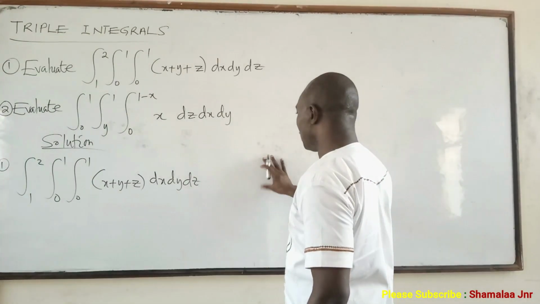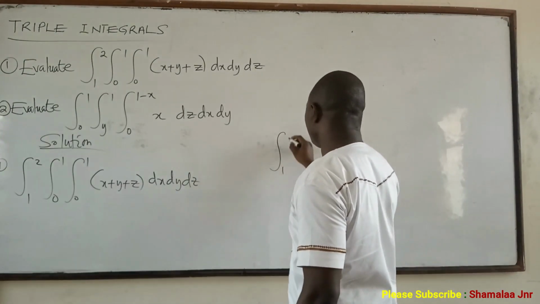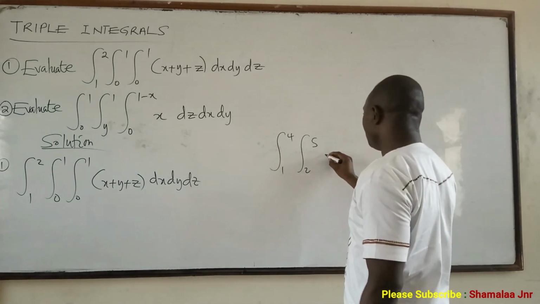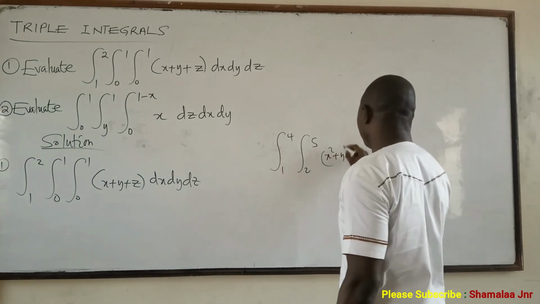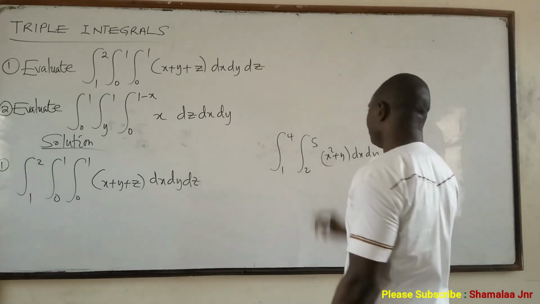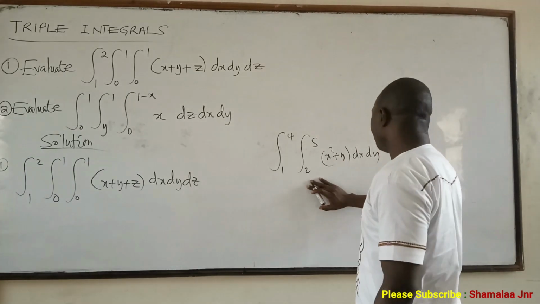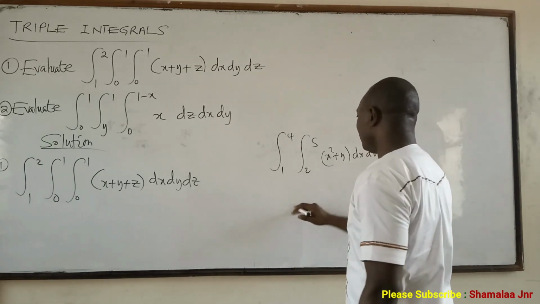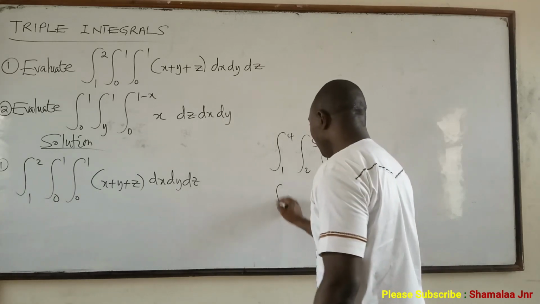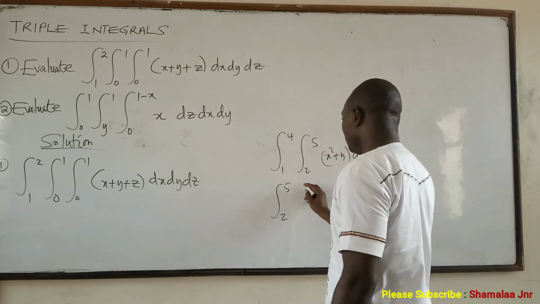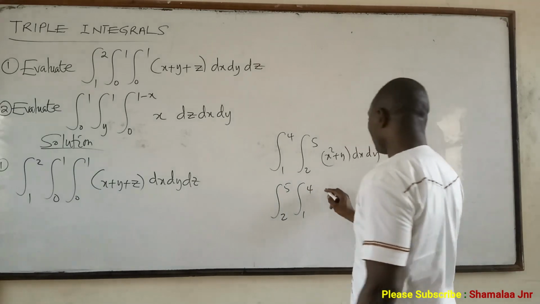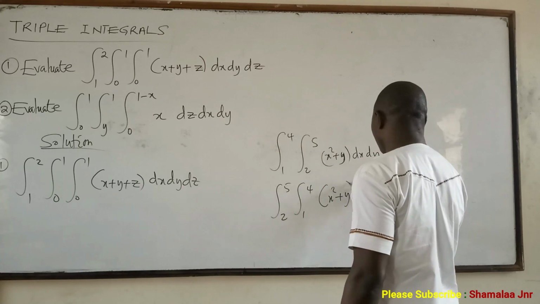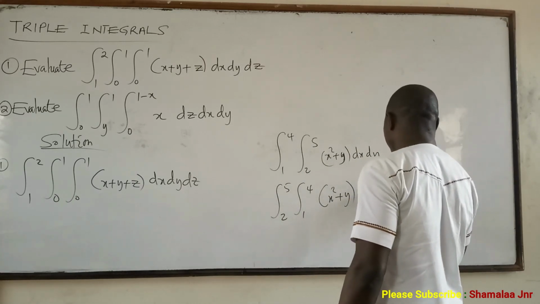When you have something like this, integral from 1 to 4, integral from 2 to 5 of anything at all, let me say x squared plus y, dx dy, when you solve this, it is the same as when you change it into integral from 2 to 5, integral from 1 to 4 of x squared plus y, dy dx.